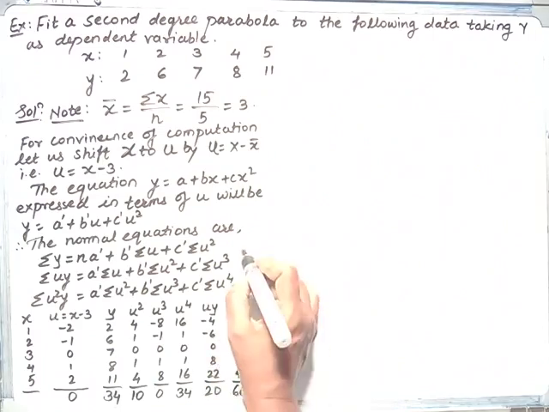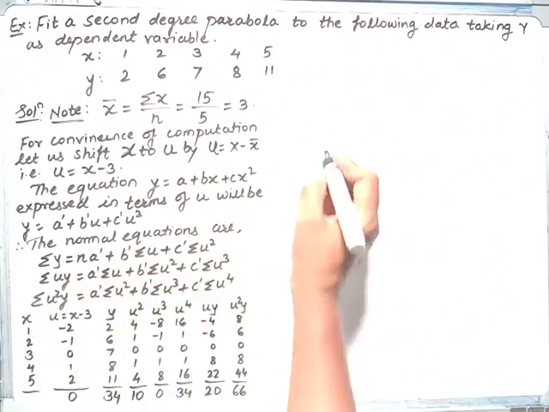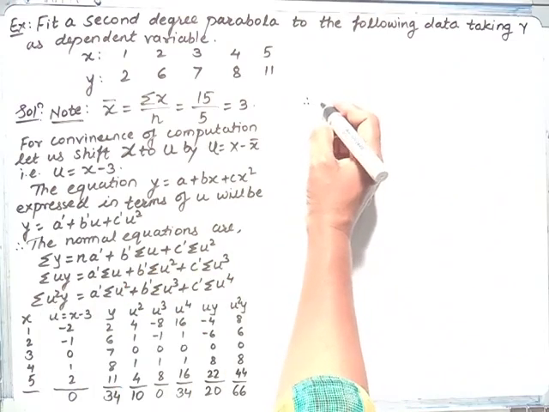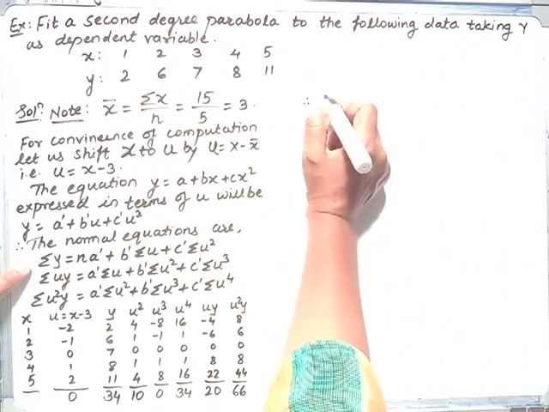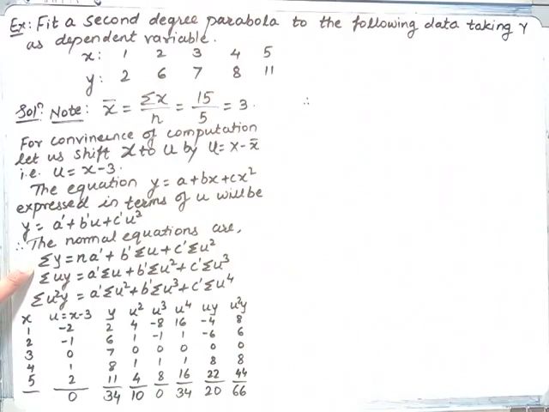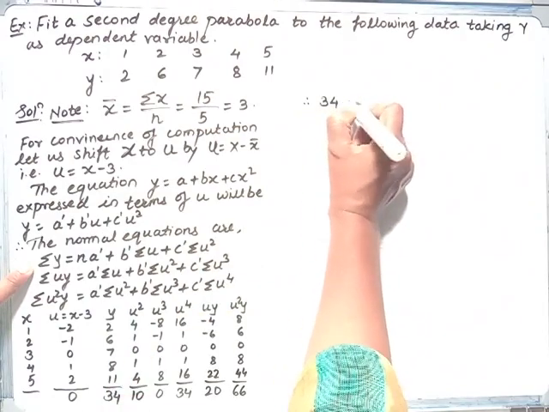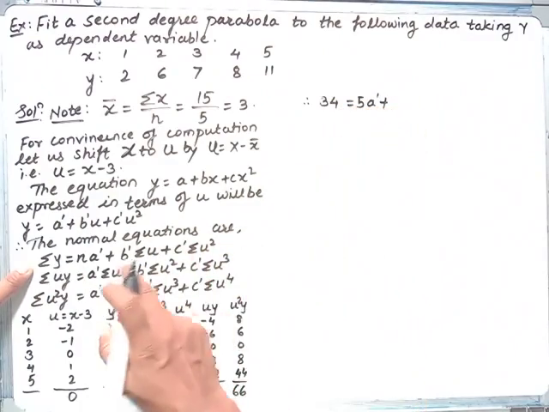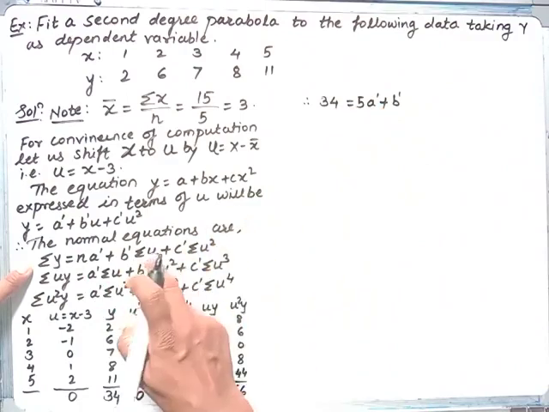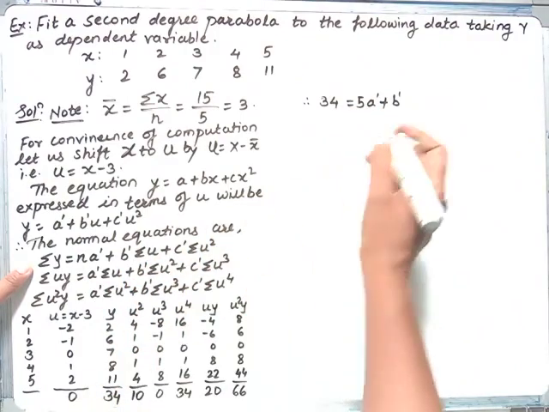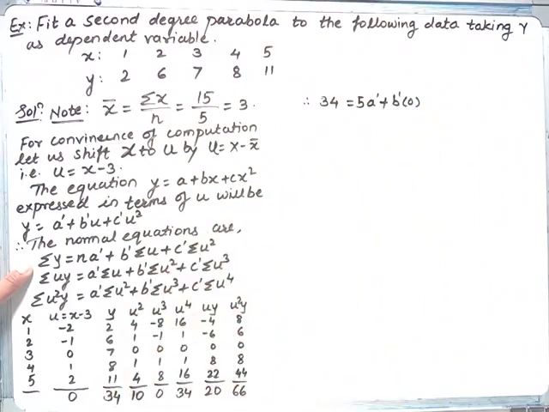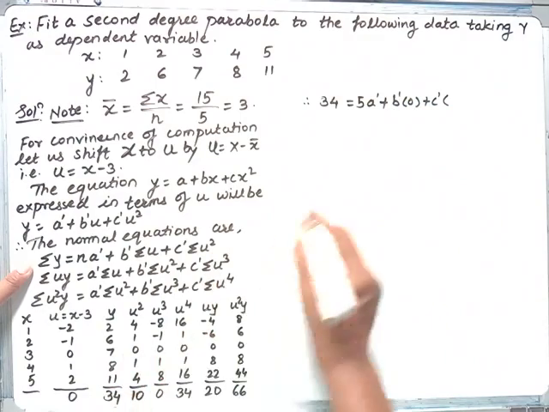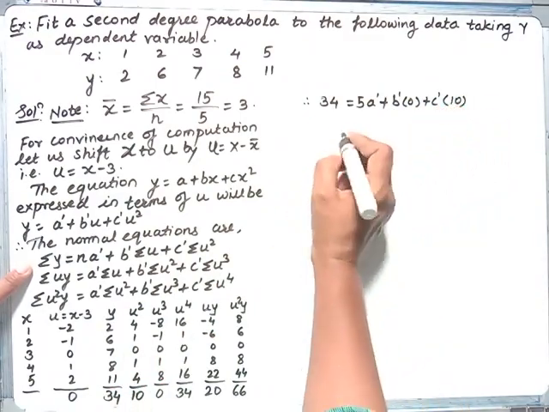Now put these values in these normal equations. The first one: summation y is 34. So 34 equals, that is n is 5, a dash plus b dash into summation u, what is summation u? 0. And c dash into summation u square, which is 10.